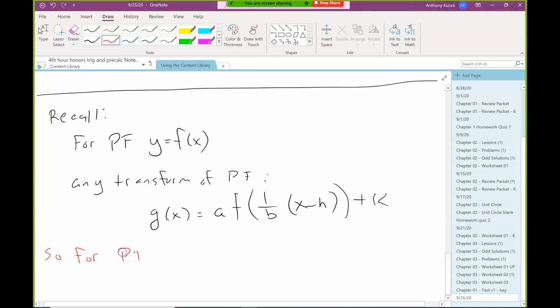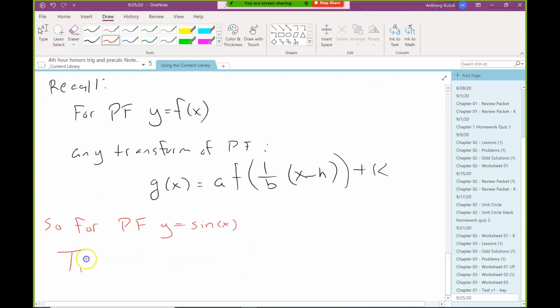So if our parent function is, say, sine of x, our transformation is going to be y equals a times sine of 1 over b x minus h plus k.